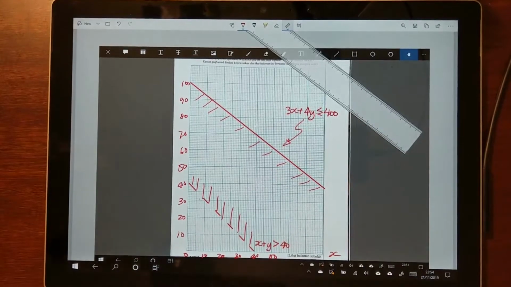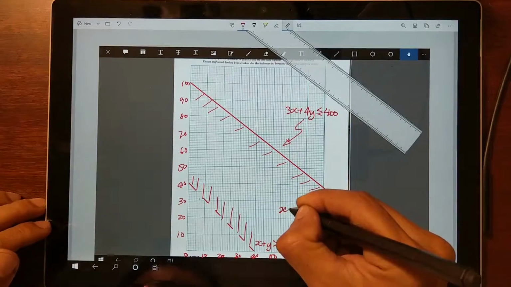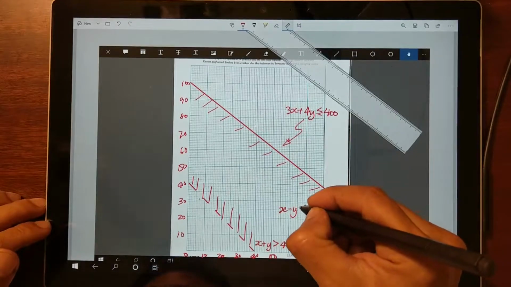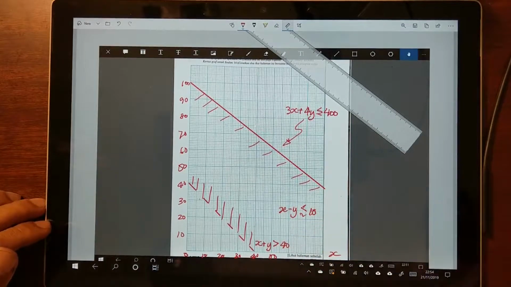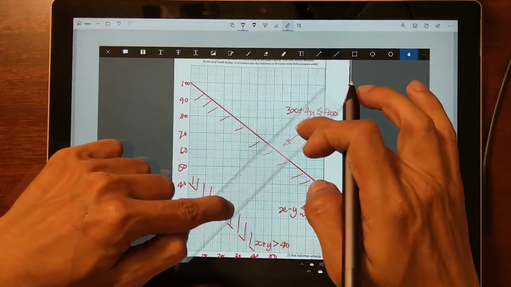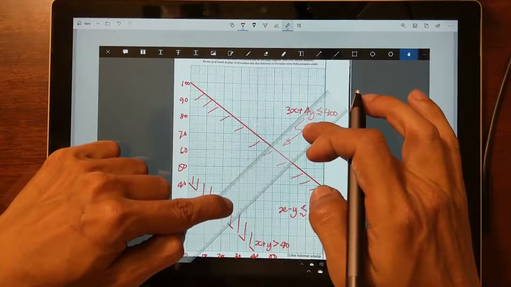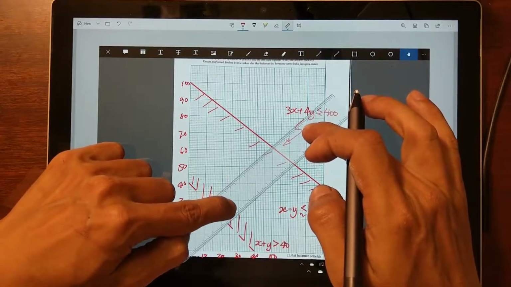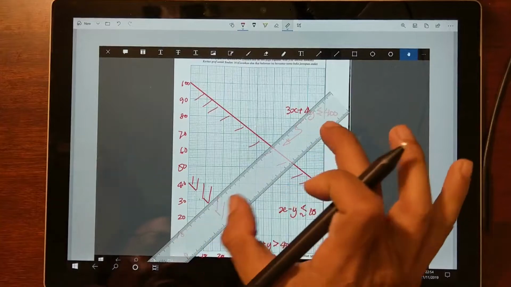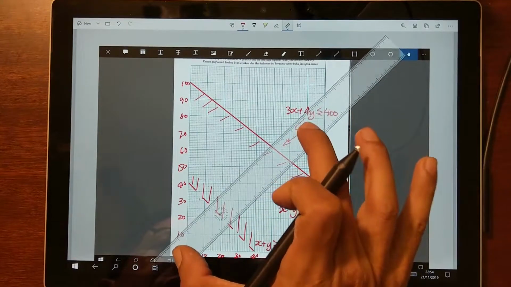So far so good. And finally, x minus y less than or equal to 10. Oh, that's the easiest one. So we've got x minus y is less than or equal to 10. Sorry about the handwriting. That's obviously a straight line with an inclination of 1.